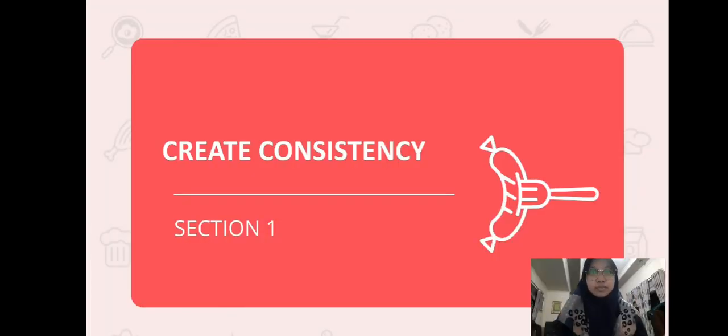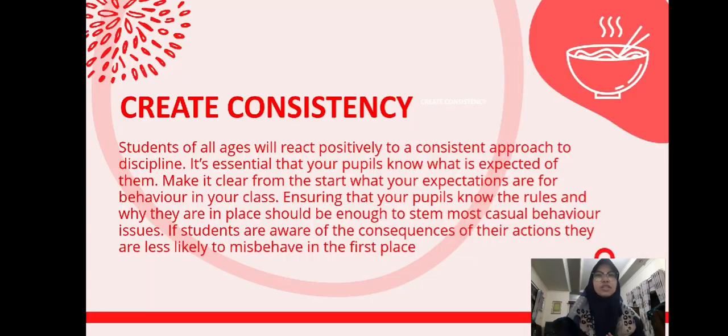So, the first point is create consistency. It means that students of all ages will react positively to a consistent approach to discipline. It's essential that your pupils know what is expected of them. Make it clear from the start what your expectations are for behavior in your class.